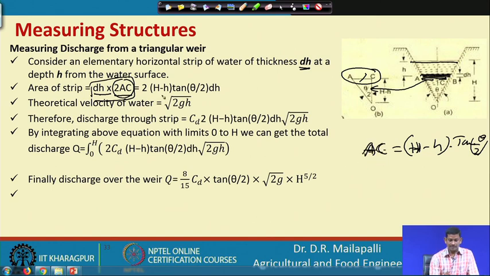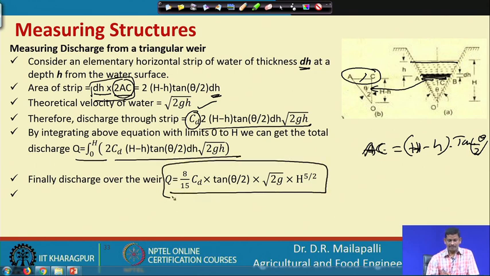So 2 into (H minus h) tan theta by 2 into dH. Then for velocity we use the same velocity equation. Multiply by C_d, put the same equation here, and integrate between 0 and H, and finally you will get the triangular weir equation for measuring the discharge.